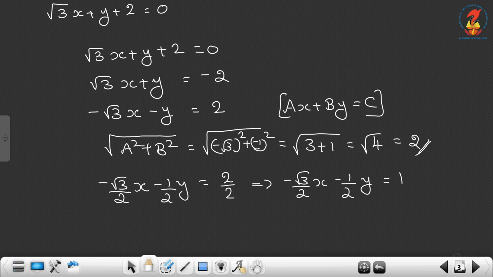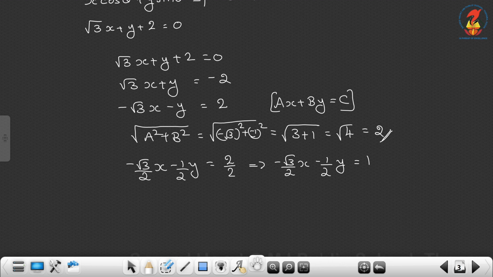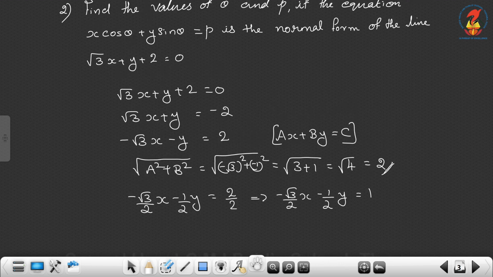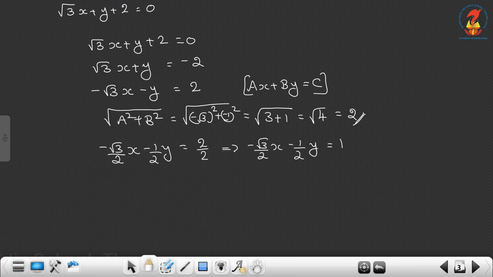Now minus root 3 by 2 and minus 1 by 2 we have to express in terms of cos and sin. So cos theta, now you compare this with this equation. Let it be equation 1.